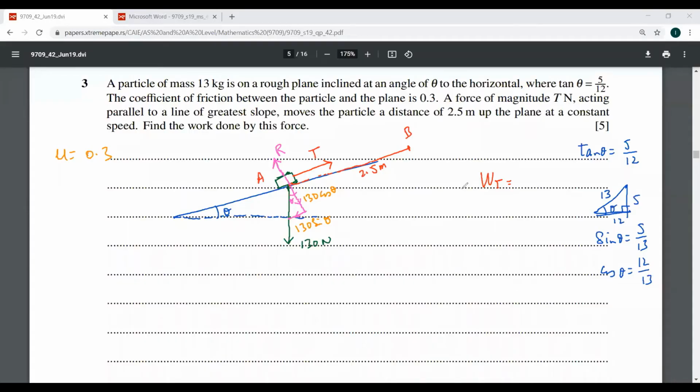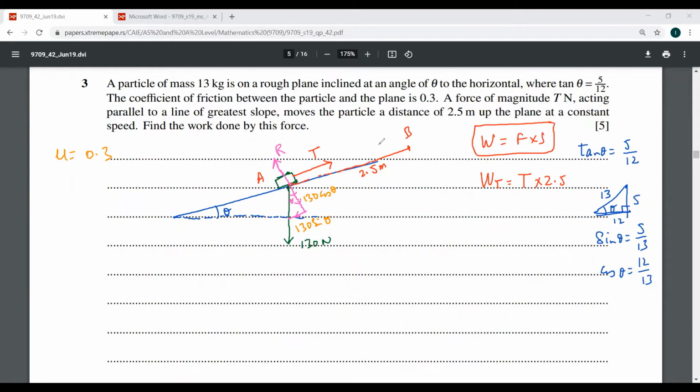So now there are many ways of attempting this, but I think the easiest way is just to find the value of this T, and you multiply that with 2.5, because the work done by this T would be T times this 2.5. Work done is going to be F into S. We're going to use this formula here.